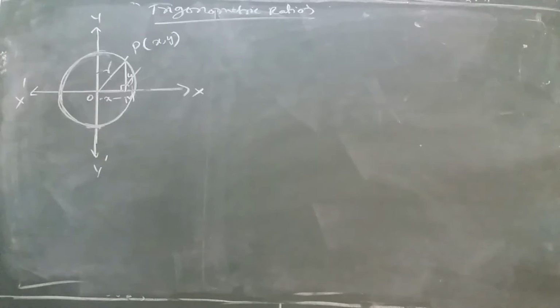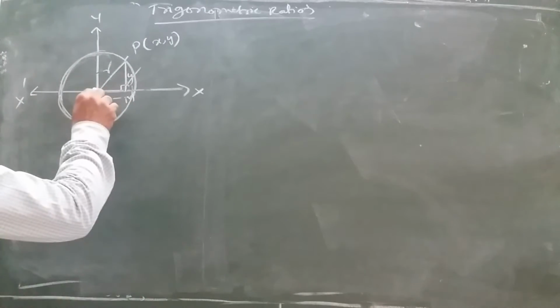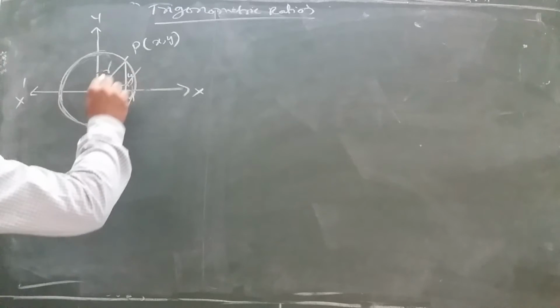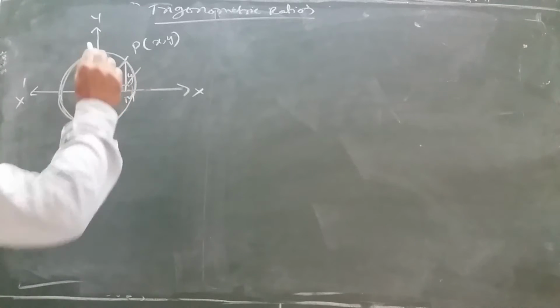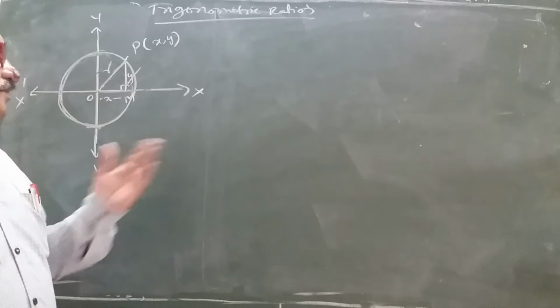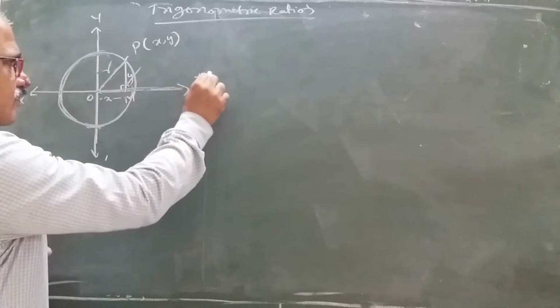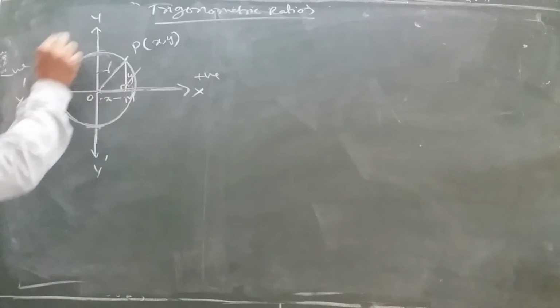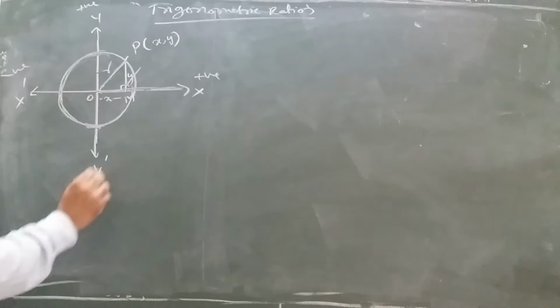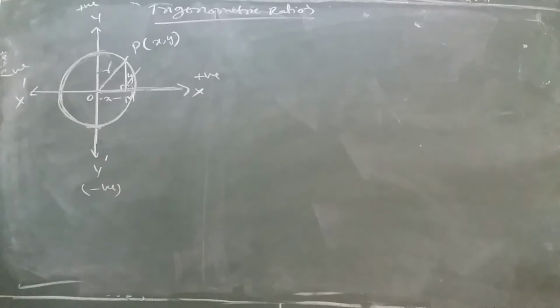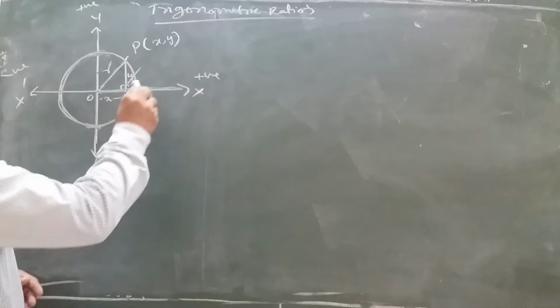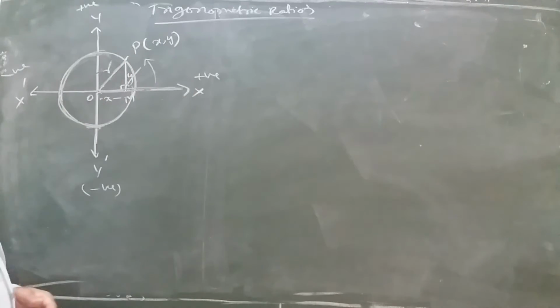Suppose the ray OP, that means r, makes some angle with the positive x-axis in the positive direction. This is the negative x-axis, this is the positive y-axis, this is the negative y-axis.